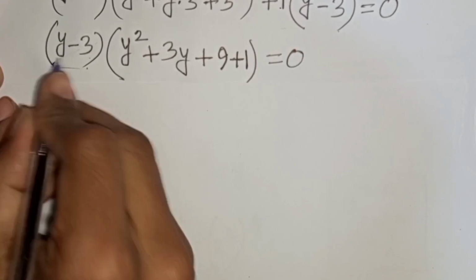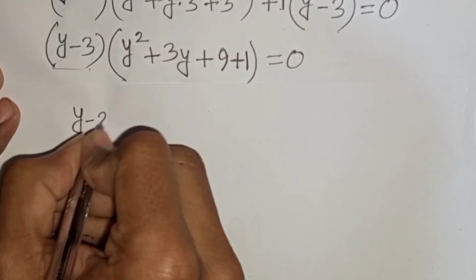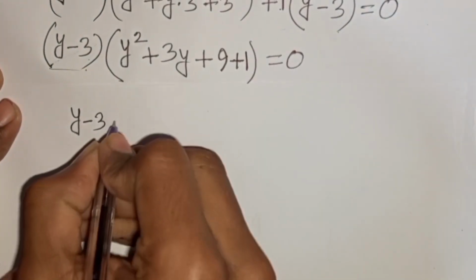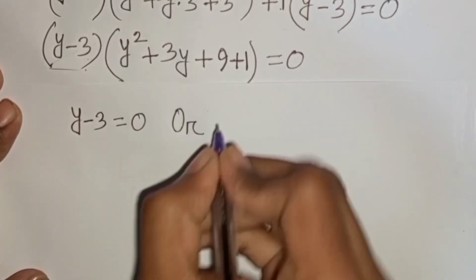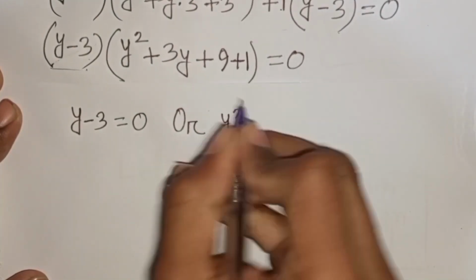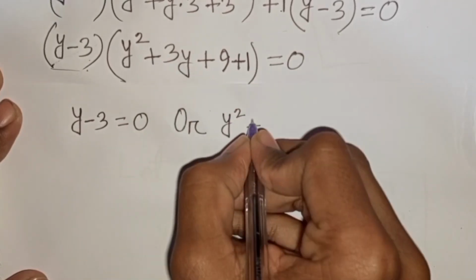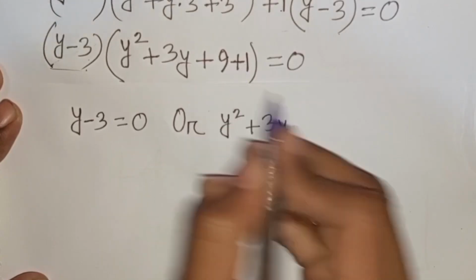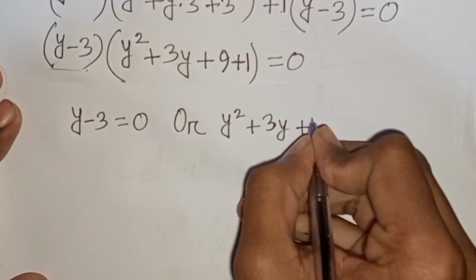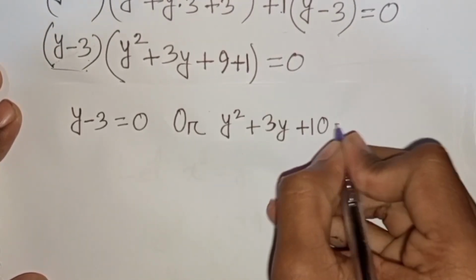Now we can write y minus 3 is equal to 0, or y^2 + 3y, then plus 9 plus 1, that means plus 10, is equal to 0.